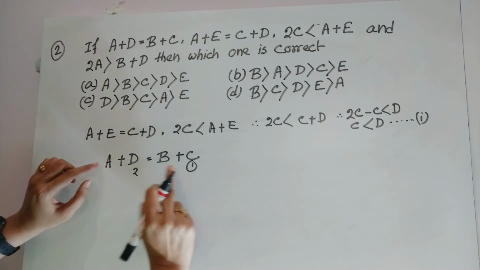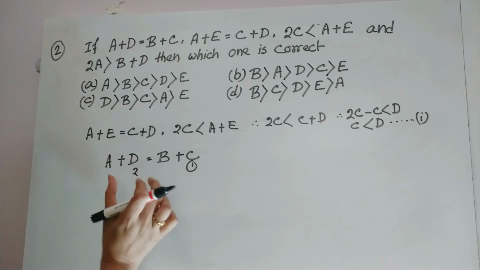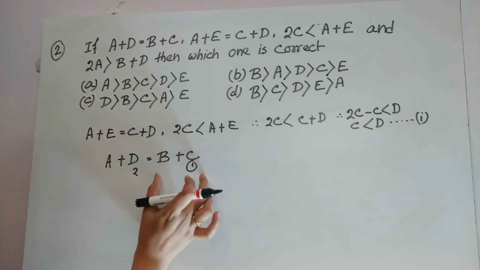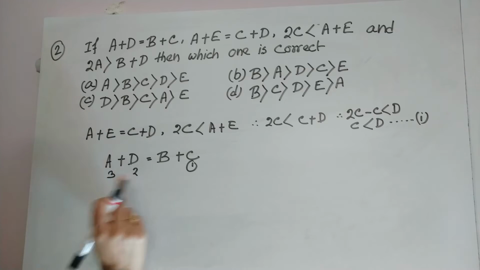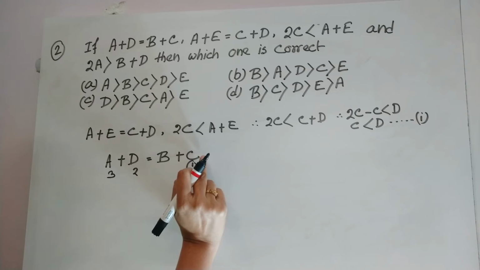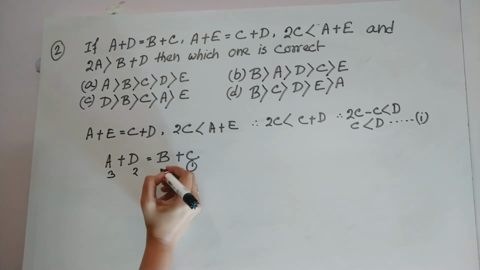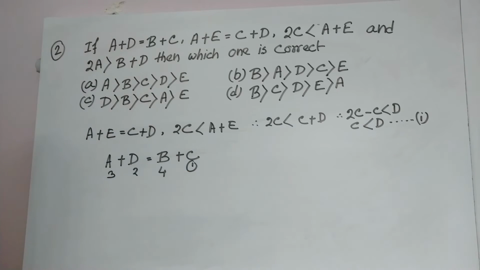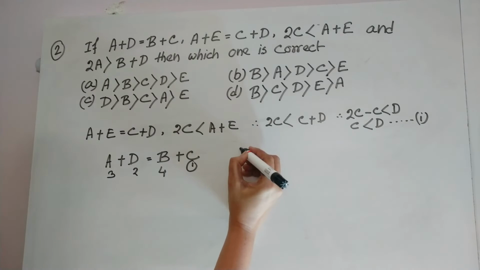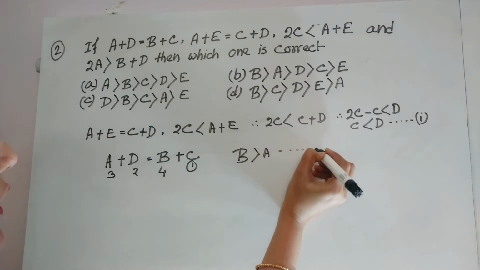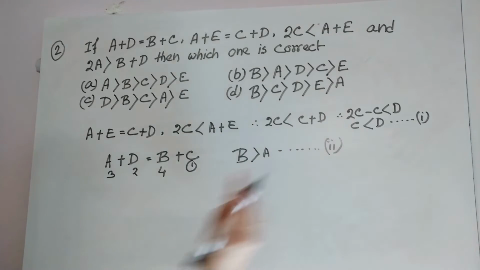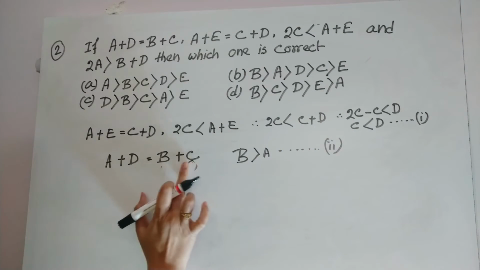Suppose a is here 3. Now 3 plus 2 is equal to 5. c is 1, therefore b has to be 4. From here what can we conclude? Then b is greater than a. Okay, this is equation number 2.